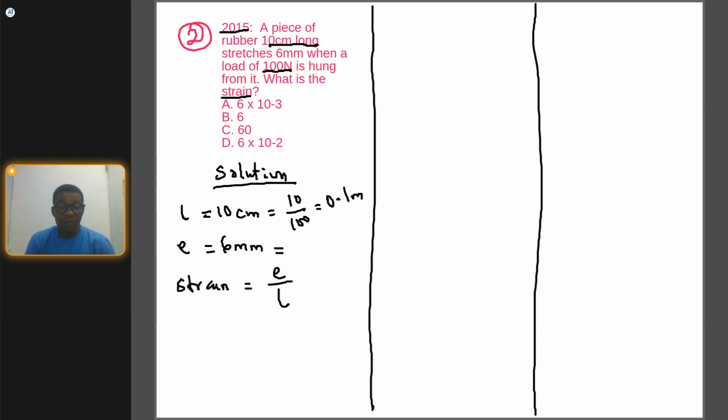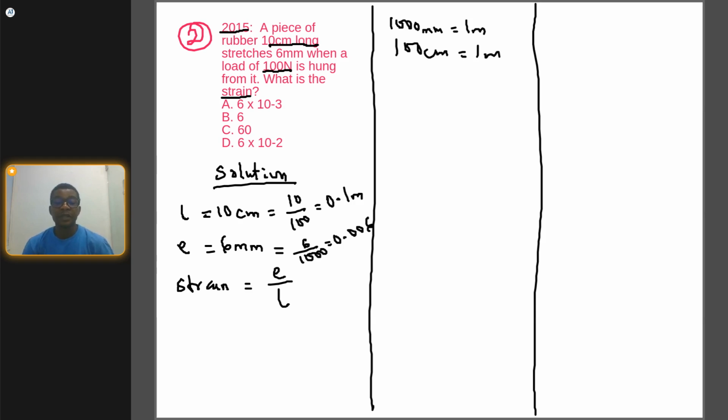So we have 6 divided by 1,000, which is equal to 0.006 meter. Take note, 1,000 millimeter equals 1 meter, so that is why we use the conversion. And also, 100 centimeter is equivalent to 1 meter.